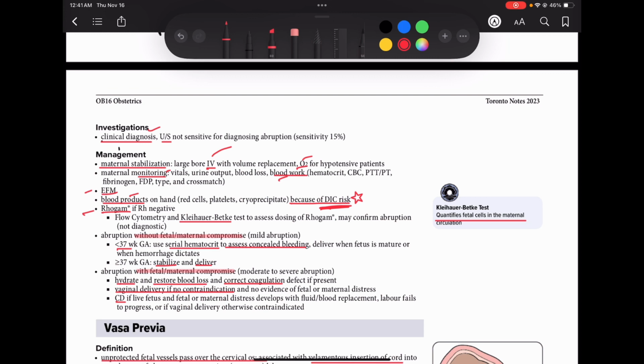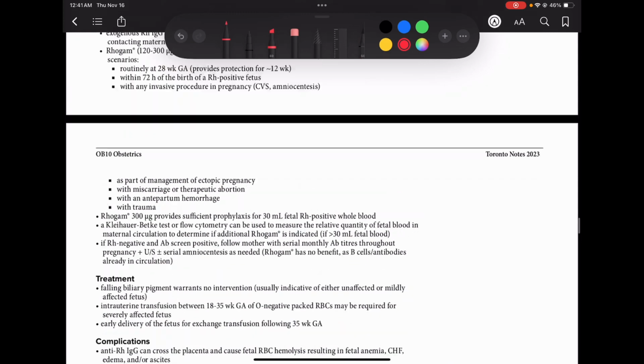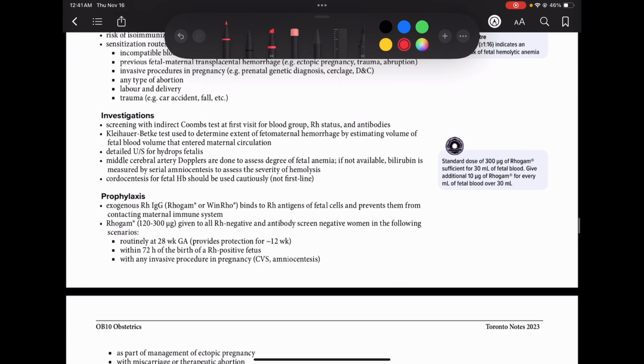Start with RhoGAM. You could do a Kleihauer-Betke test, which will help you know how much RhoGAM you have to give. You'll give 300 micrograms, and then after that you would have to give, I believe, 10 micrograms for every milliliter. So 300 is sufficient for 30 milliliters.